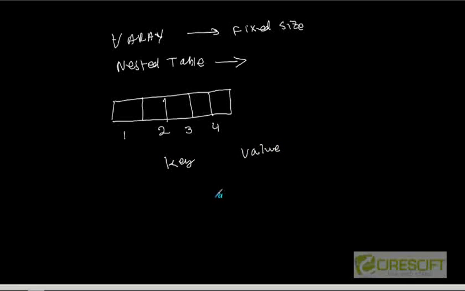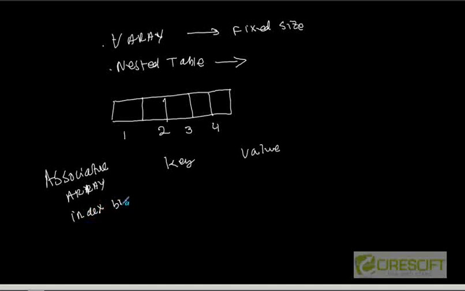We cannot support this kind of key value data storage with VARRAY or nested table. Therefore PL/SQL comes up with another type of collection, which is called associative array, or more popularly known as index by table.